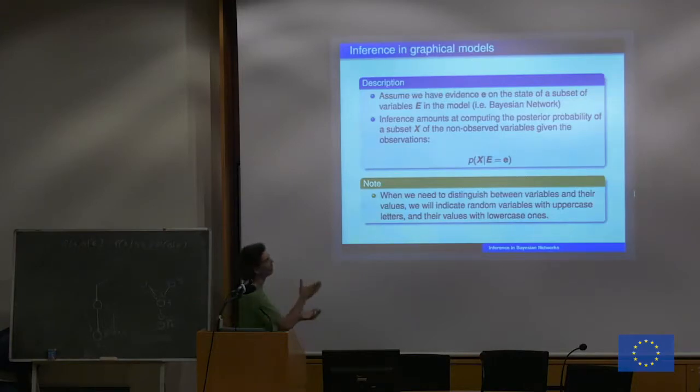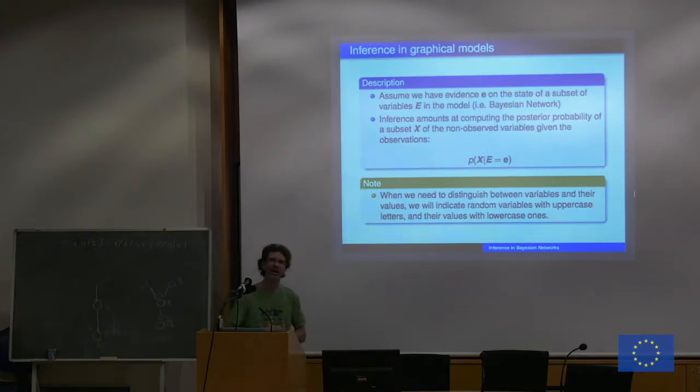You want to compute the probability of one or more variables of interest given the evidence. The most common inference task is computing the probability of some variable of interest given the evidence.